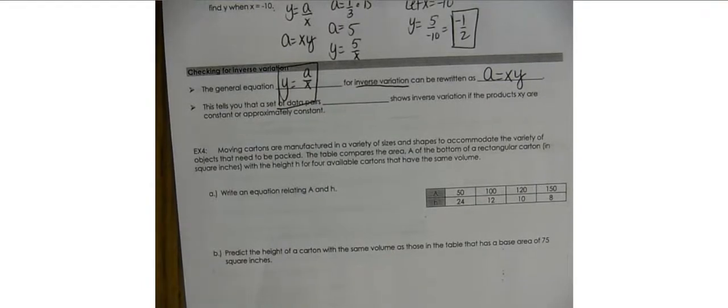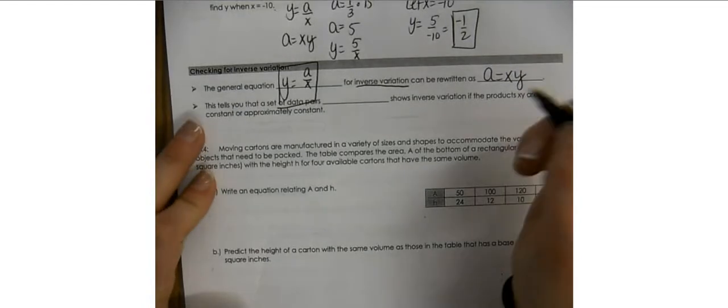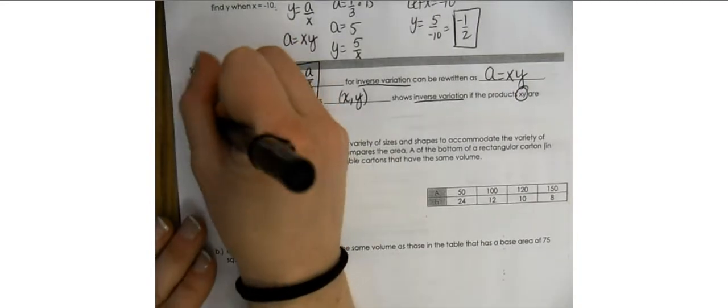The preferred equation that I want you guys to write it as is y equals a divided by x. So this tells you that for a set of data pairs, call them x and y, for any type of data pairs that we have, it'll show an inverse variation if the products are constant or approximately constant.